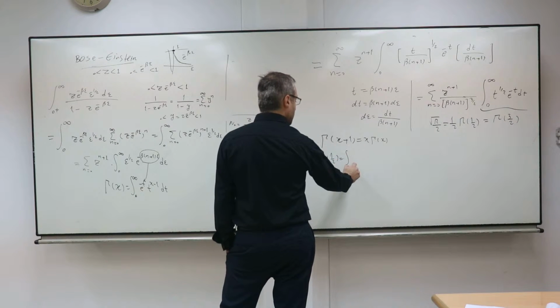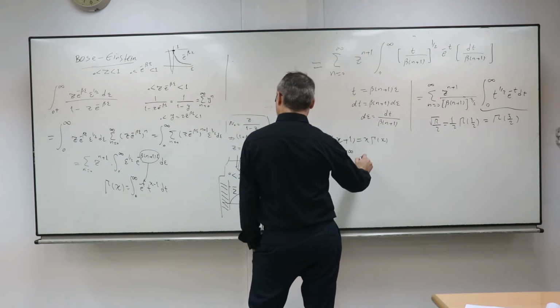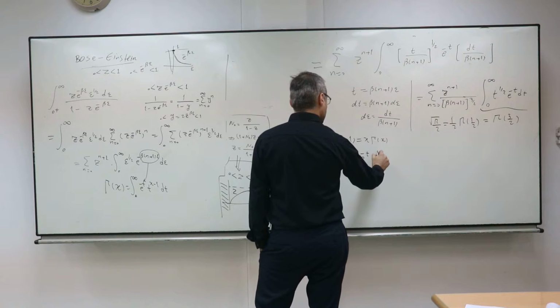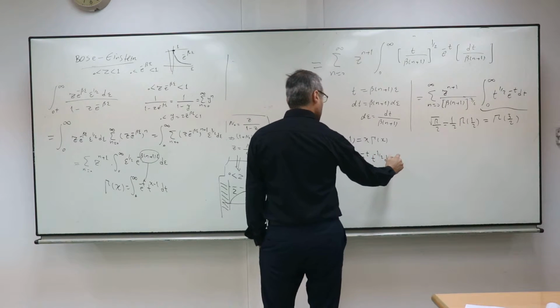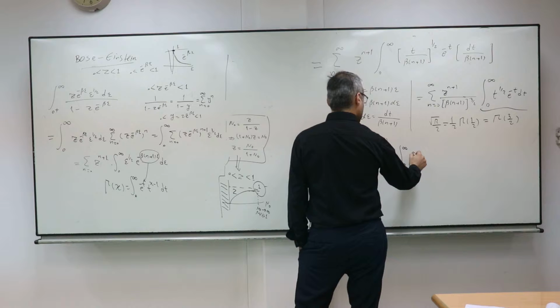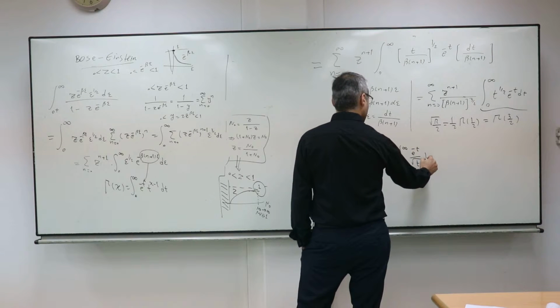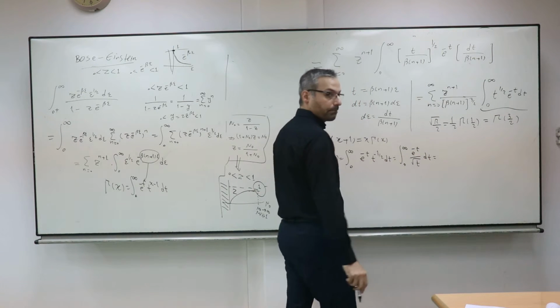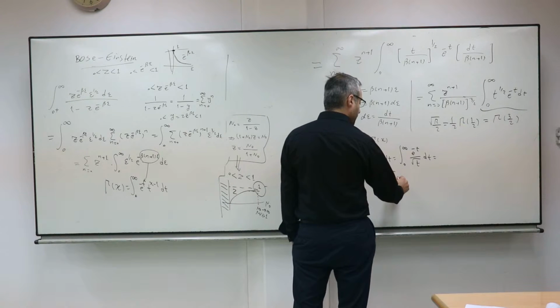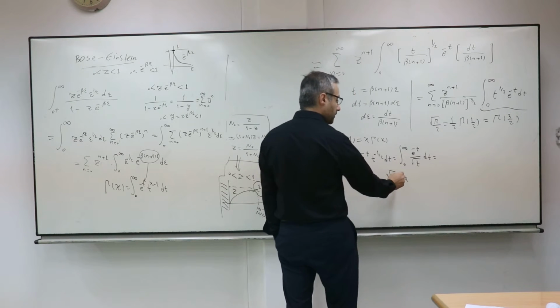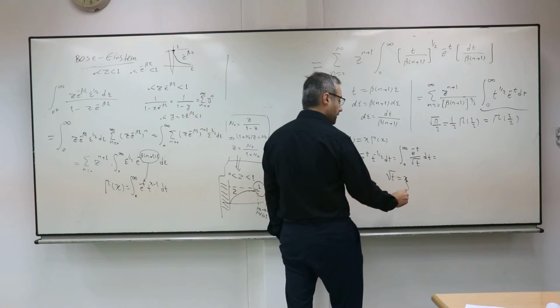What is gamma 1 over 2? It is the integral of e to the minus t, t to the minus 1 over 2 dt. So you need to find this integral. Just change the variable from t to some other parameter like ksi.